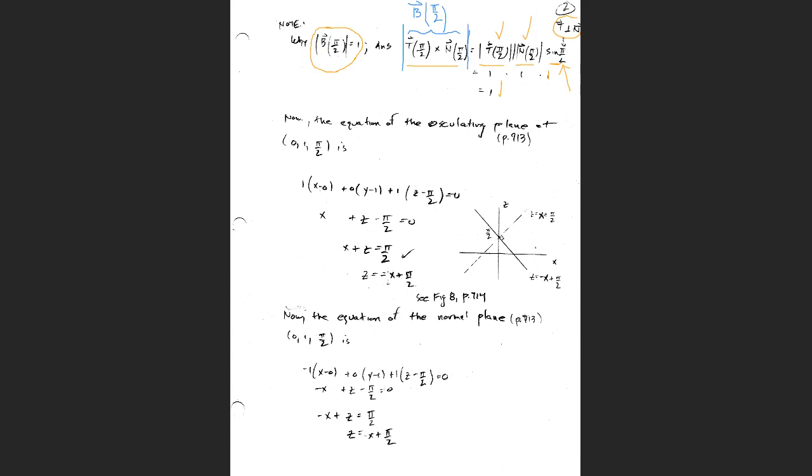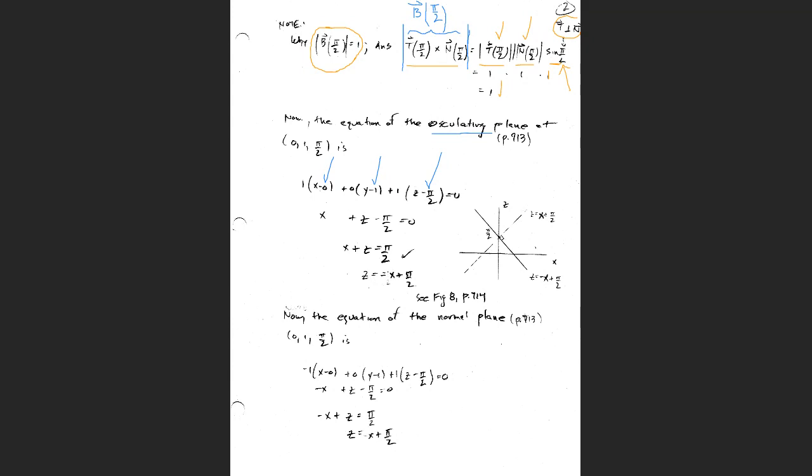So, okay, we want the equation of the osculating plane. Of course, the point 0, 1, pi over 2 is a point on the helix, but the osculating plane kisses the helix, and it contains that point. So we have a point on our osculating plane, and we know that the normal vector to the plane is the binormal vector.